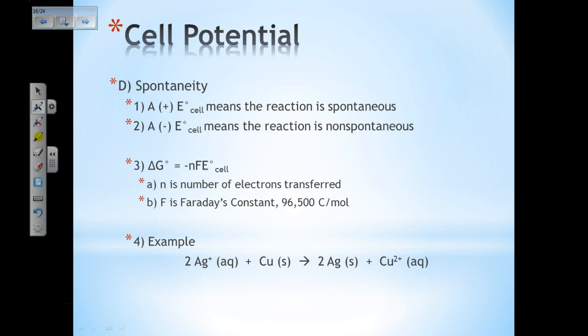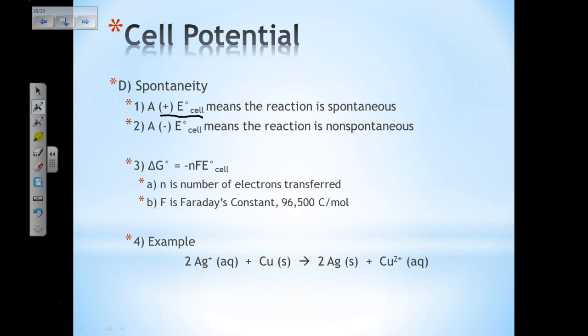Hey everybody, let's talk a little bit about cell potential and spontaneity and bringing electrochem into the realm of thermodynamics. So it turns out that anytime you have a positive cell potential, and this is the fun stuff for me, that means that the reaction is always going to happen.